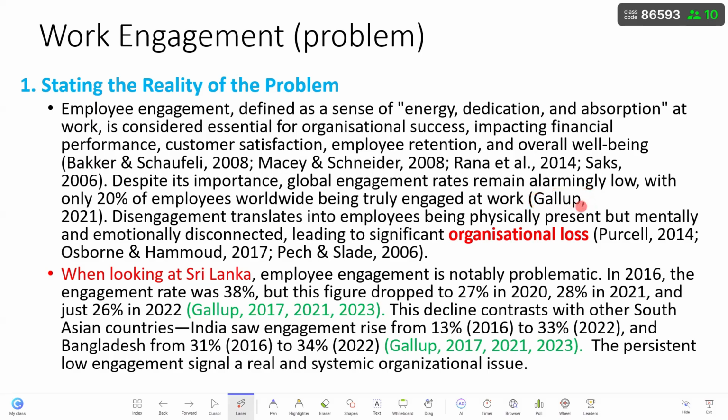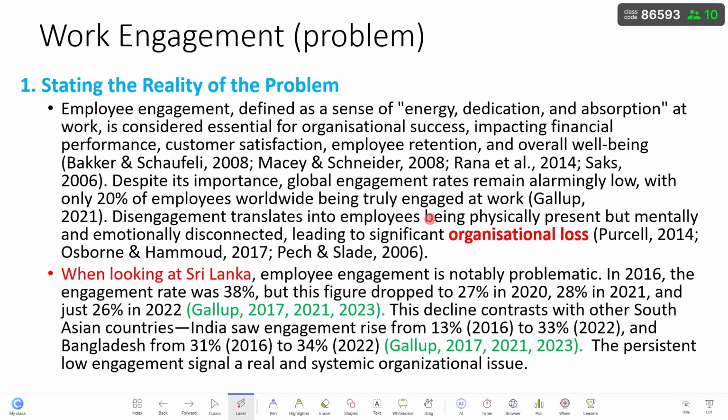They produce annual reports globally, and I referred to these figures. According to them, only 20% of the worldwide workforce is engaged, which means that 80% are disengaged from their job. So that's a problem, right?